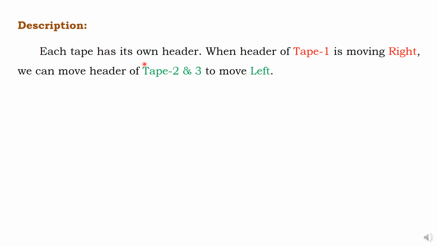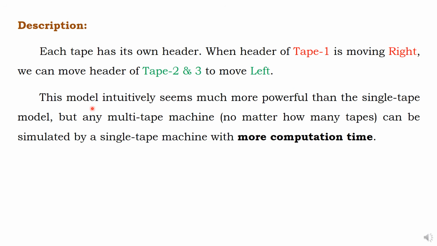Each tape has its own head. When the head of tape 1 is moving right, we can move the heads of tape 2 as well as tape 3 to the left. This model intuitively seems much more powerful than a single tape, because you feel that, obviously, if all 3 can work at the same time, it's powerful, and you are right.